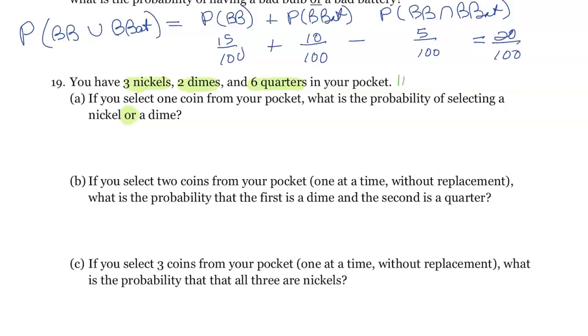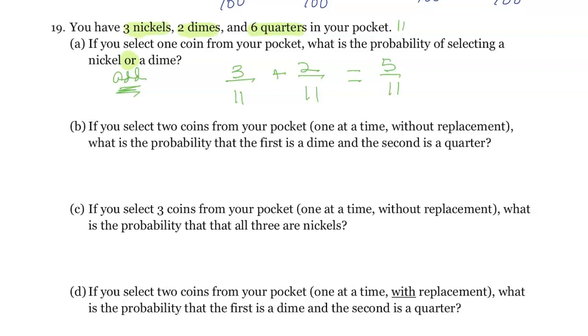We know we're going to add. So what's the probability of selecting a nickel? Well, there's 3 nickels, and you're going to select from 11 coins. That's going to be 3 out of 11. Or a dime. Okay, dimes are 2 out of 11. And there's no intersection. So that's just going to equal 5 out of 11. Notice it's an or, so you're going to add.